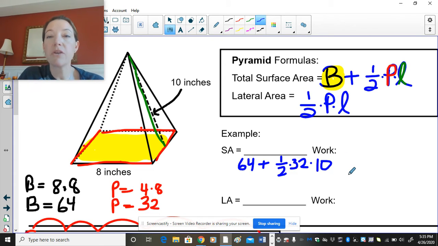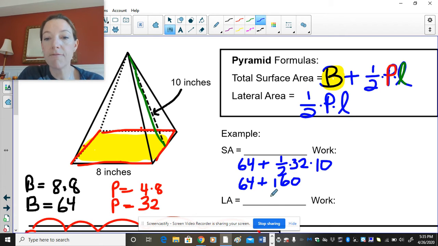Okay, so calculate that. You could do that all at once. If you want to calculate that entire expression into your calculator at once, you can. Or if you like to calculate, as far as order of operations go, do all the multiplication before you do the addition. So half times 32 times 10. You could do that portion of it first if you'd want.